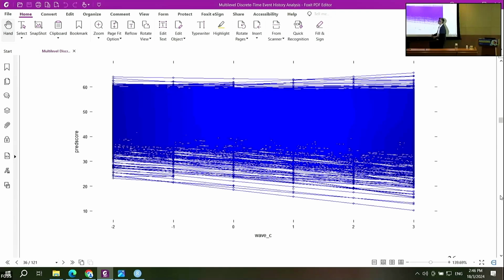And that variability, you can see, is increasing as wave increases. So for some people, they have a much sharper decline in physical functioning as they age, and for other people, they have almost no decline.